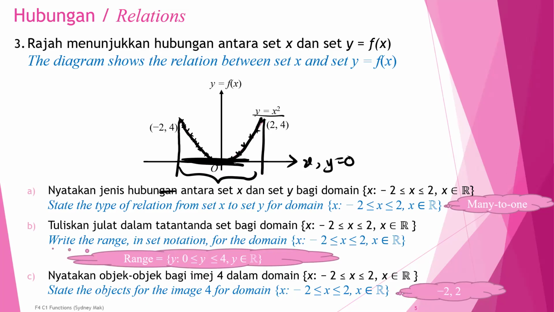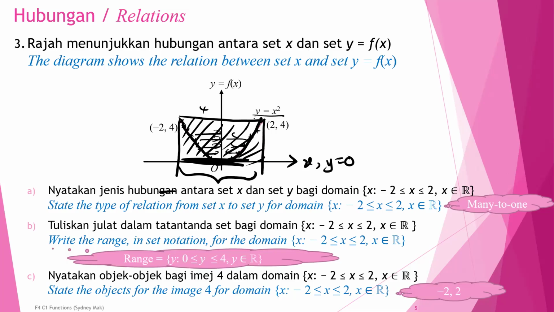And then your y keeps increasing as you go out of the 0. So what are all your y values? 0 to 4, because the maximum here is 4. Basically, this box is the region that we look into when we study the graph.